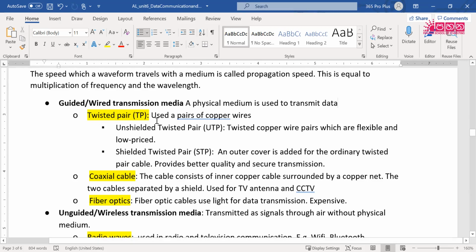There are two types I discussed: unshielded twisted pair and shielded twisted pair. When you use a pair of copper wires, with a plastic cover, especially in here, don't take notes, I will give you time.